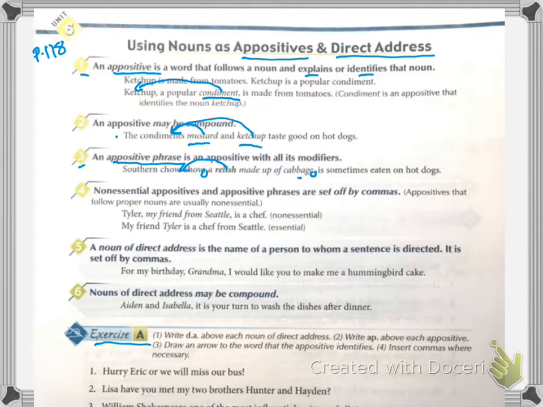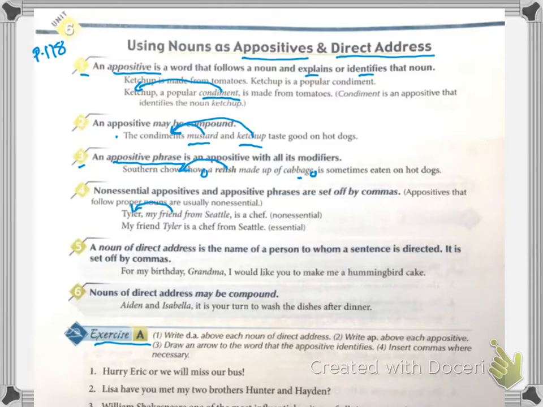Point number 4. Non-essential appositives and appositive phrases are set off by commas. Appositives that follow proper nouns are usually non-essential. So here we've got a proper noun, Tyler, my friend from Seattle. Friend is explaining who Tyler is.